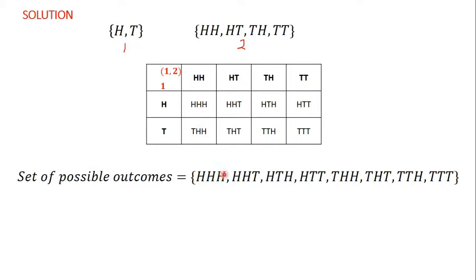Head, head, head; head, head, tail; head, tail, head; head, tail, tail; tail, head, head; tail, head, tail; tail, tail, head; and tail, tail, tail. These are the possible outcomes after tossing a coin thrice.